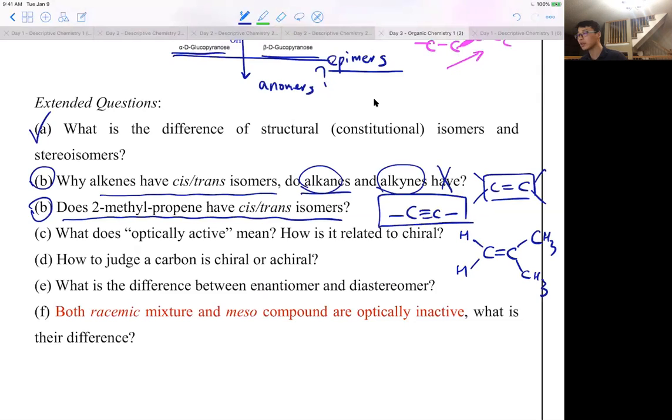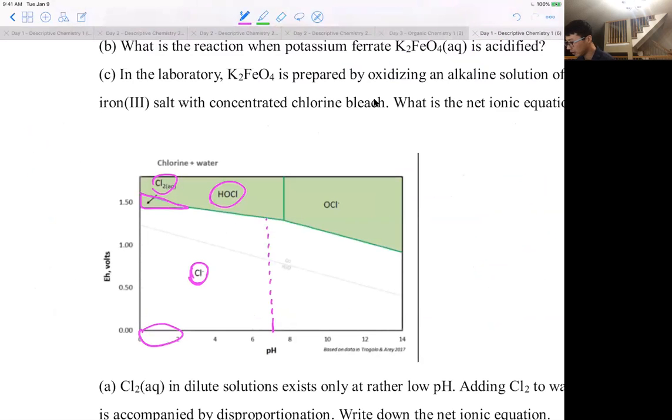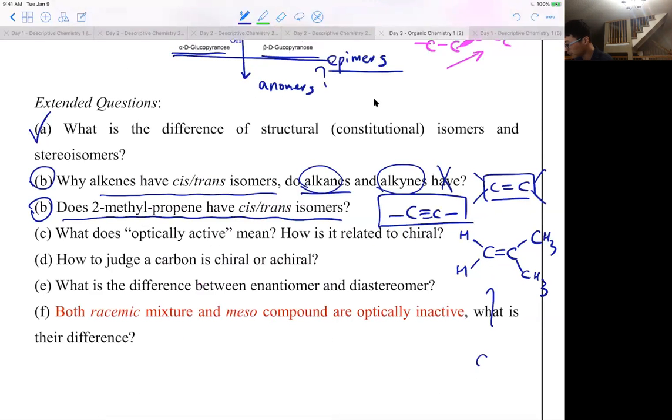So we don't have the cis and the trans, okay? No problem. How about this one? What is the relationship of these two molecules? They are the same. You just flip it. They are identical, right?